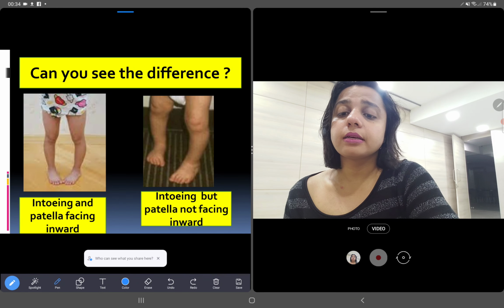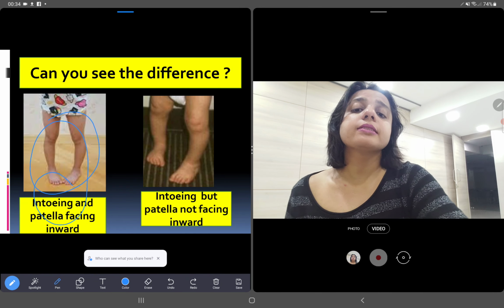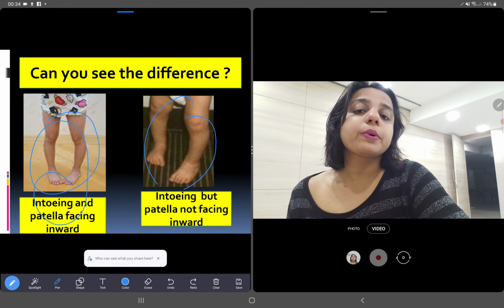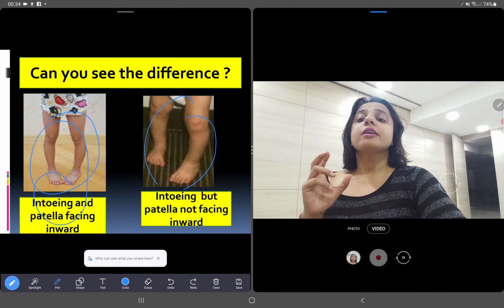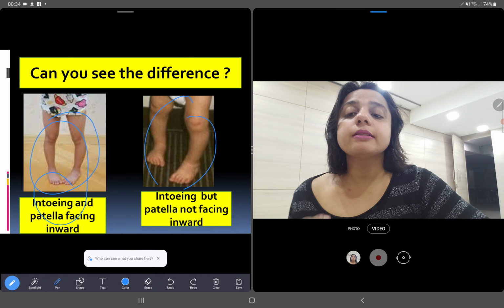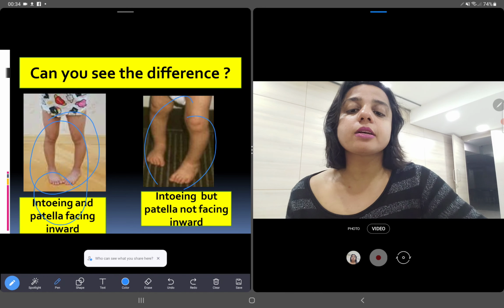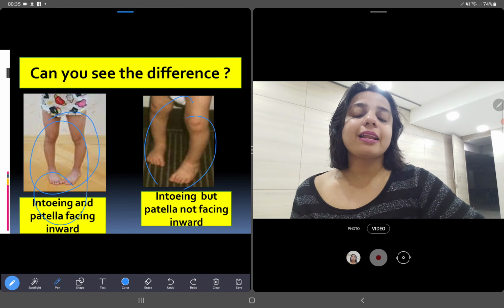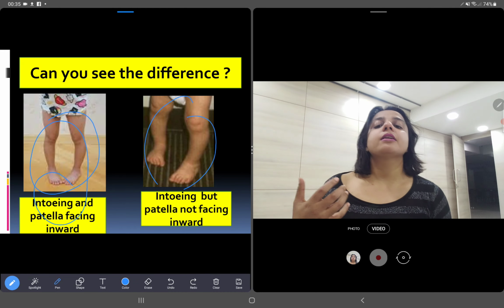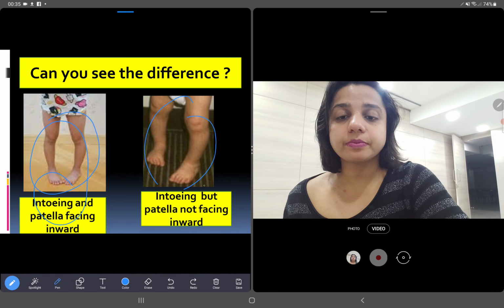In the second picture, the patella is not inward, and there is also intoing. It means in the first picture, if the patellae are facing inward, then the problem is in the femur. In the second picture, the patellae are not facing inward, so there is a problem in the tibia or in the foot, but not in the femur.